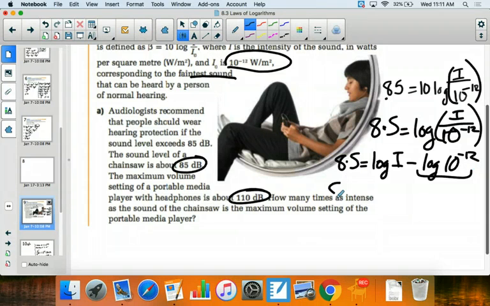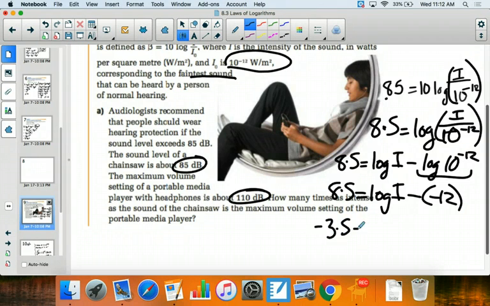So what you end up getting here is 8.5 is equal to log I minus negative 12. That really turns into a plus 12 anyway. So then it's subtract 12 from both sides. Your 8.5 minus 12 gives you negative 3.5, which is equal to log I.